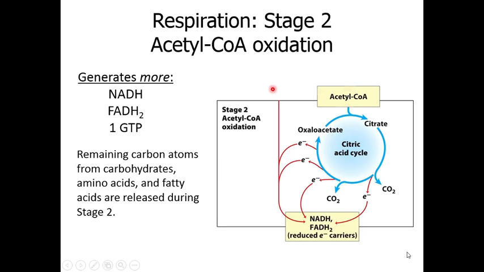In stage 2 of respiration, acetyl-CoA gets oxidized. This is what we typically call the citric acid cycle, because the reactions follow a cycle. This cycle generates more NADH and FADH2. 1 GTP is also produced. Remaining carbon atoms from carbohydrates, amino acids, and fatty acids are released during stage 2.